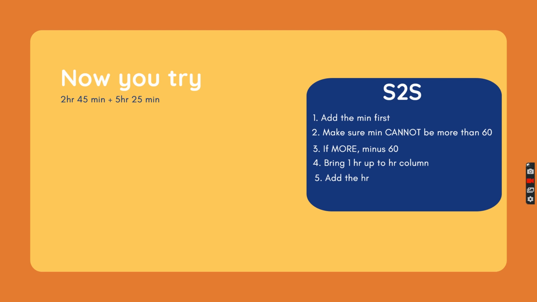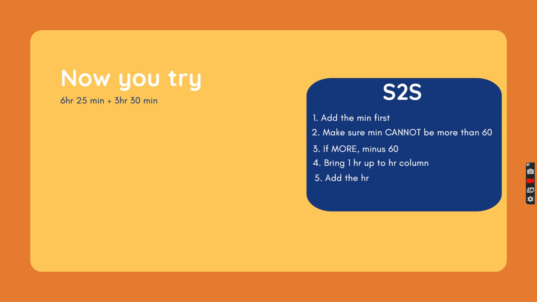If it's more than 60, then you have to minus it with 60. Okay, so you do this step by step. Just follow the S2S. If you are still confused, you can go back to example 1, example 2, and example 3.